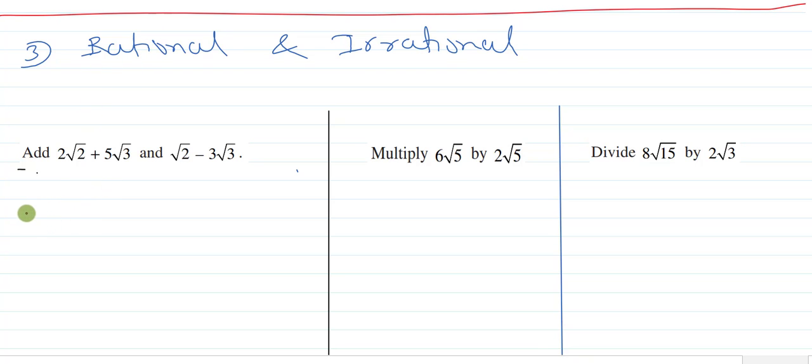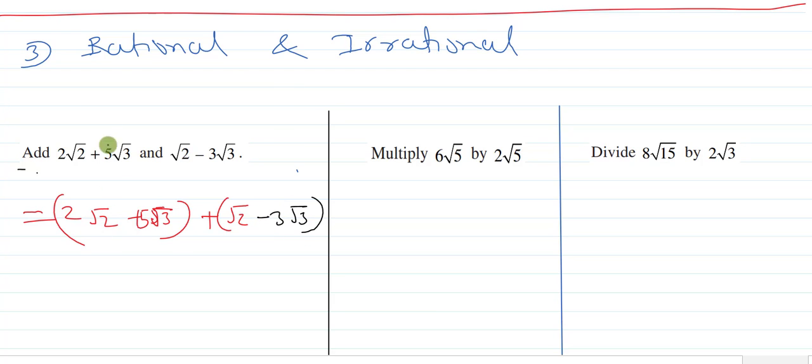Whenever you want to add, first write the numbers. Here 5 root 3 plus root 2 minus 3 root 3. Okay, so just check which irrational numbers are equal, or you can say bring all same terms nearby.